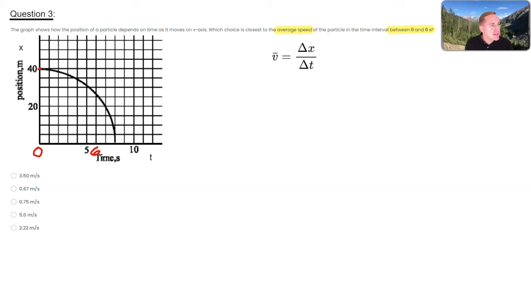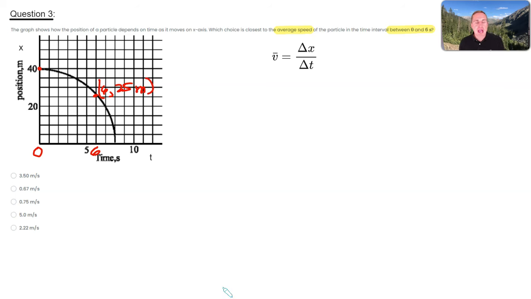So that's 0, 40 for the first point, and it looks like this is 6, now it's hard to say exactly, but I'm going to suggest that's actually 25. So this would be 25, 30, 35, 40, because I think each of these vertical grid box increments is 5 meters. So this is the point 6, 25 meters.